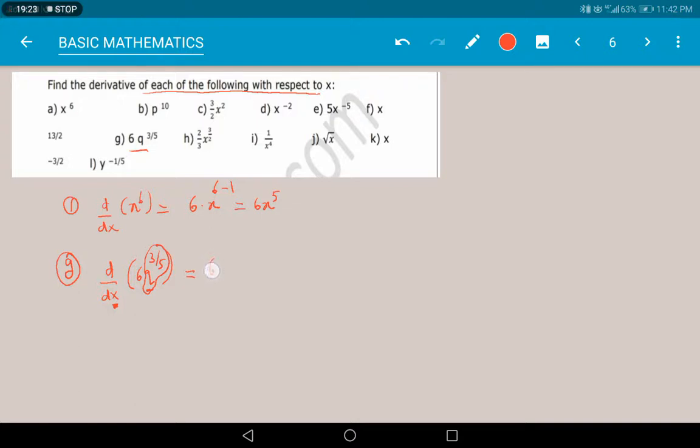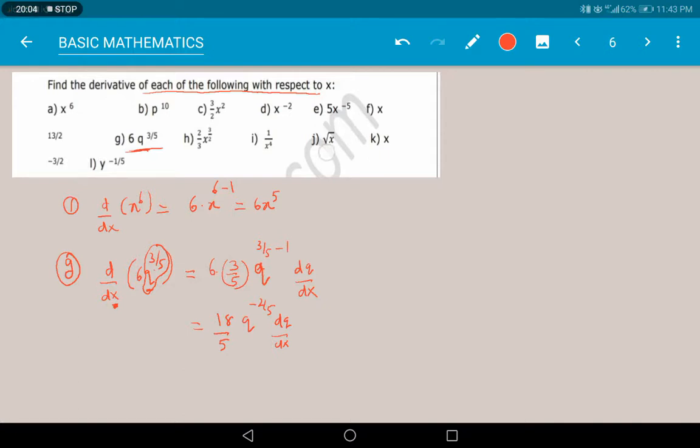First 6 outside because it is a constant, then n into q to the power of n minus 1, that means q to the power of minus 2 by 5, times dq by dx. So 18 by 5 q to the power of minus 2 by 5 dq by dx. This is the answer for this derivative.